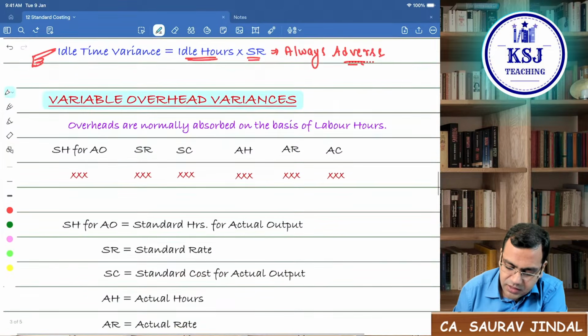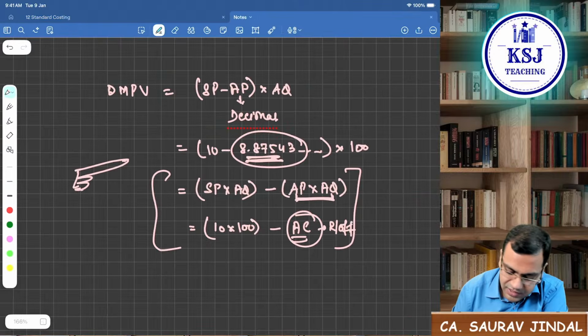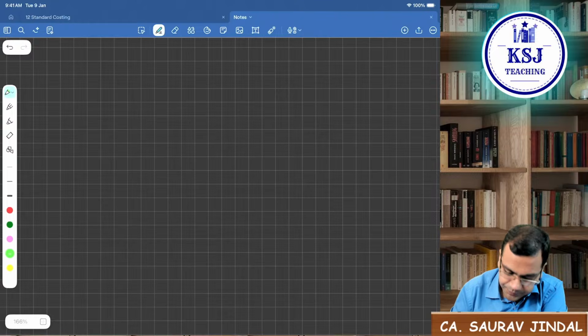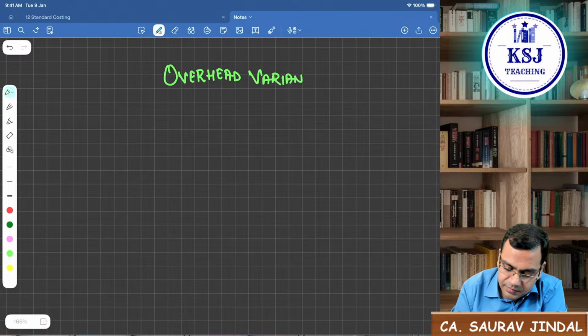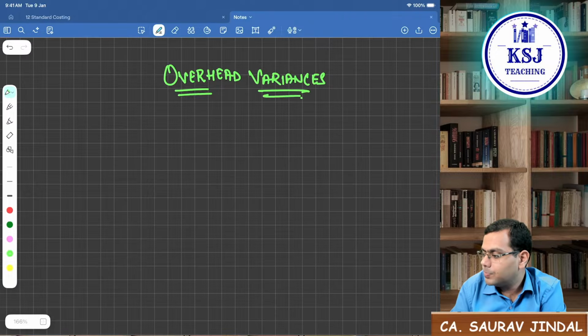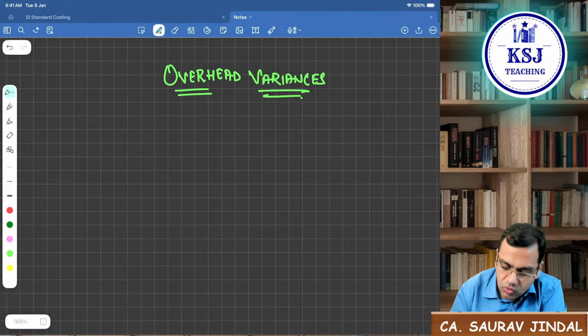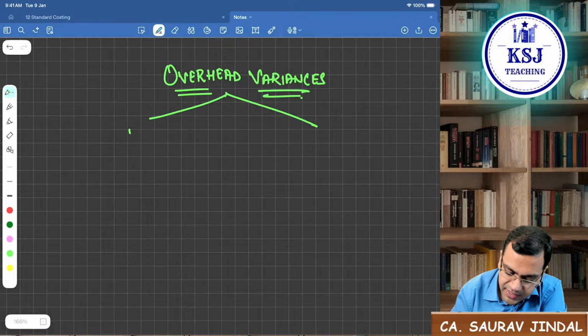Okay, coming to the next part now. The next part we have is overhead variances. Now, overhead variances, we have two things: one is variable overheads and another is fixed overheads.